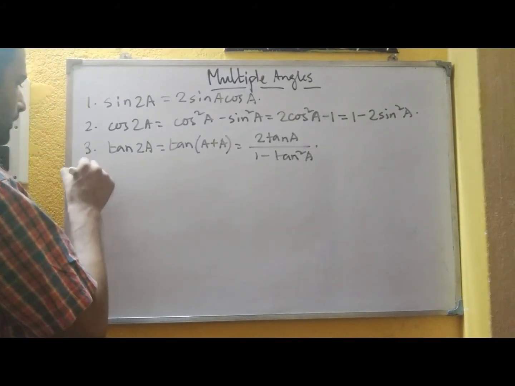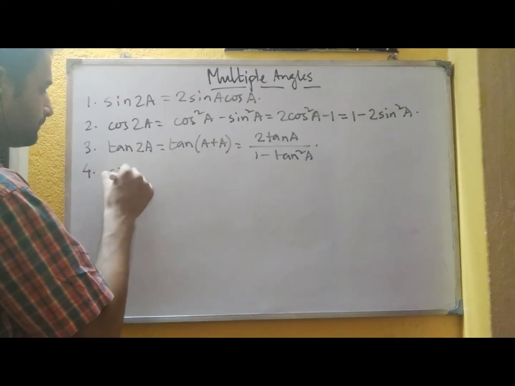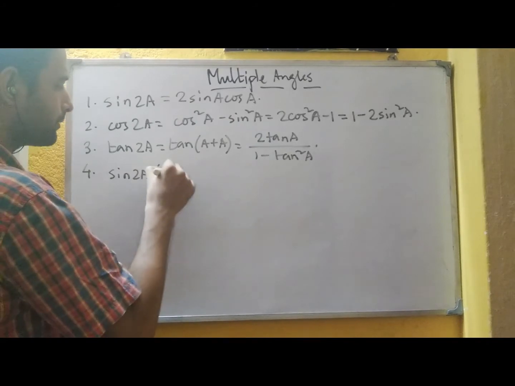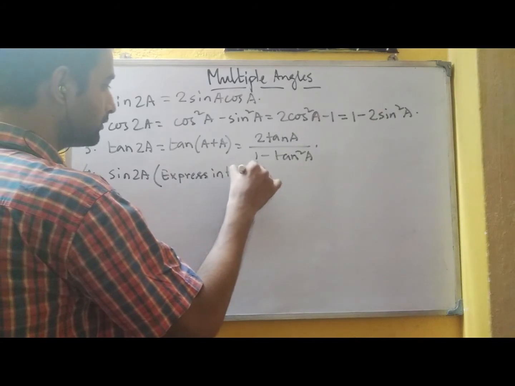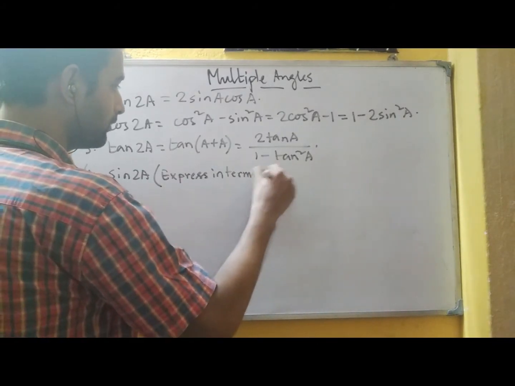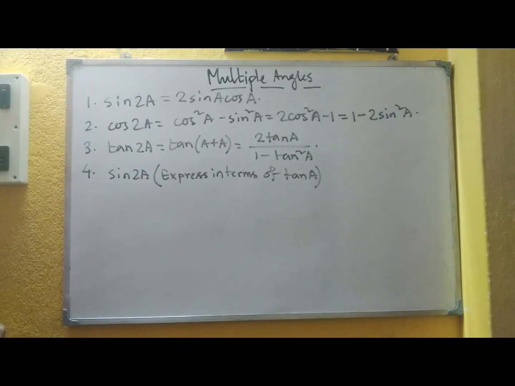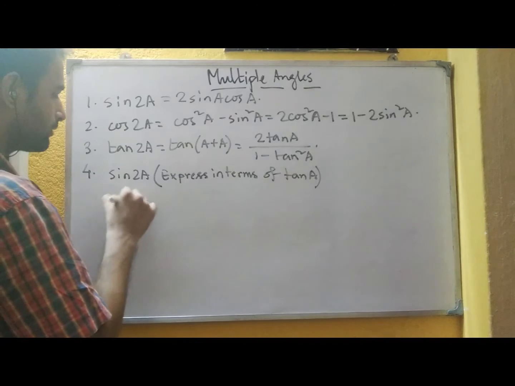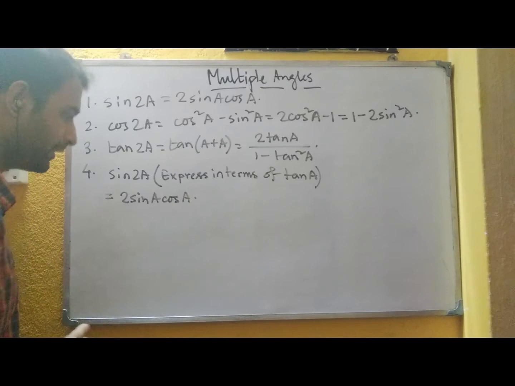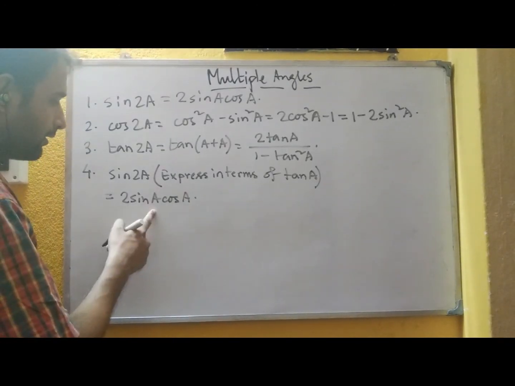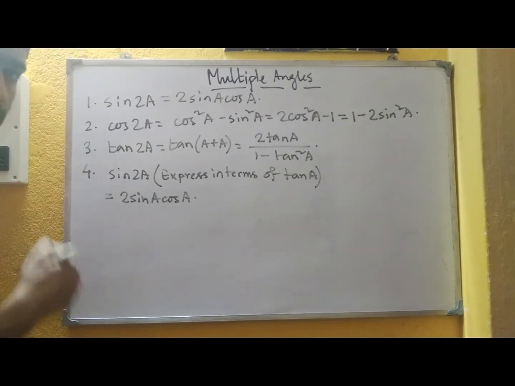Now there are some special formulas. The first one is for sin 2A, and we have to express it in terms of tan A. So how to do that? As we know, the formula is 2 sin A cos A. We want to include a tan here. Since there is a sine, to include a tan, we have to divide it by a cos, so that sin A by cos A becomes tan.